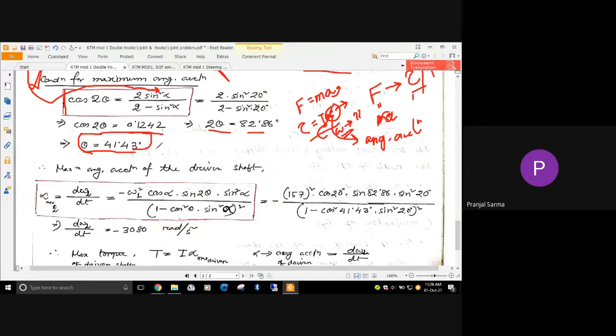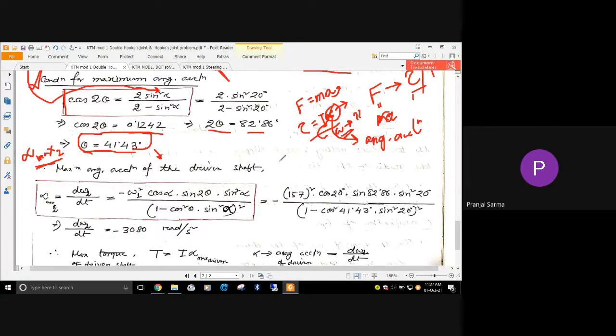Ultimately, this theta will be required when we find the maximum angular acceleration for the driven shaft. So we write alpha max, where the suffix max is for maximum angular acceleration, and suffix 2 denotes the driven shaft.